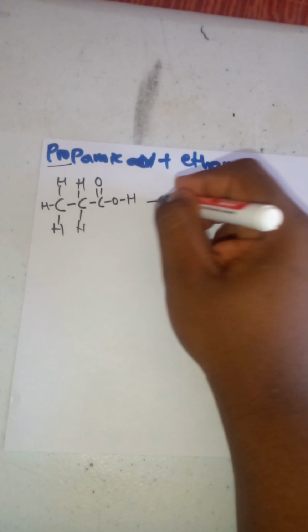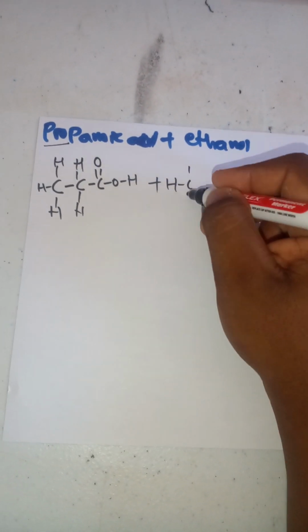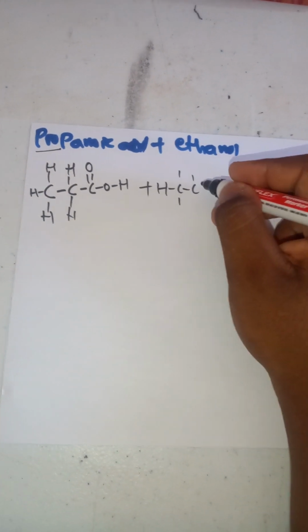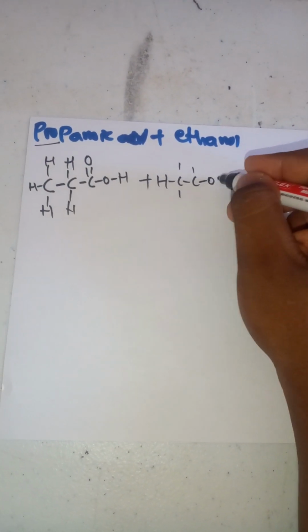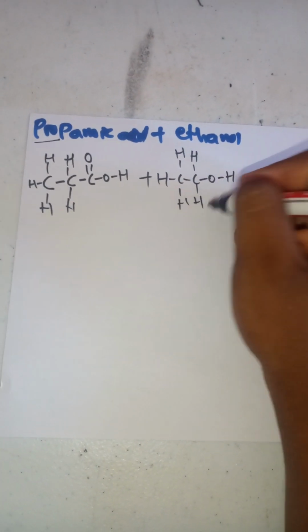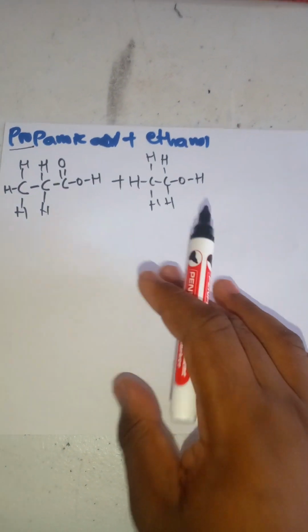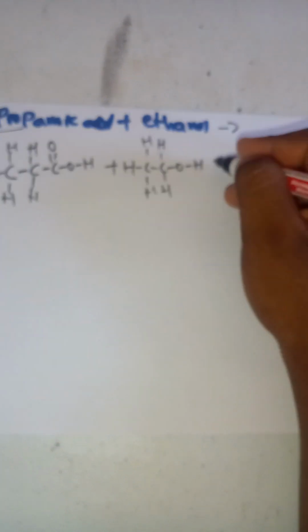And then now it is added to ethanol. Ethanol has 2 carbons, and there is a hydroxyl group on that molecule. So now this propanoic acid plus ethanol, what is it giving us?